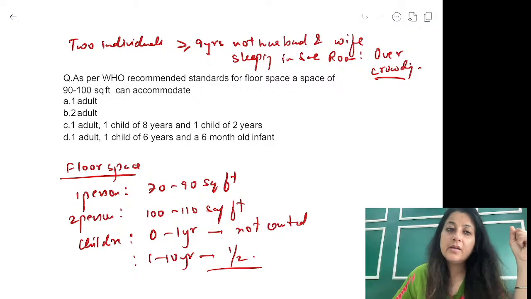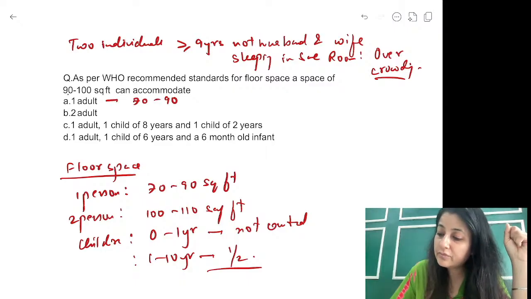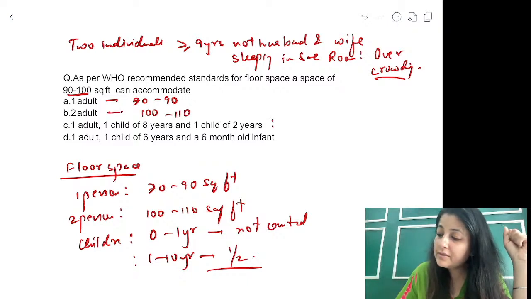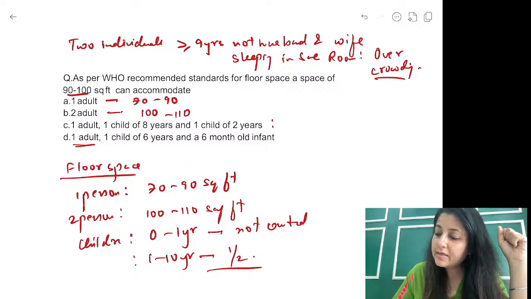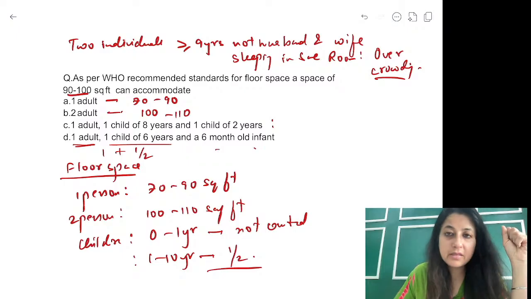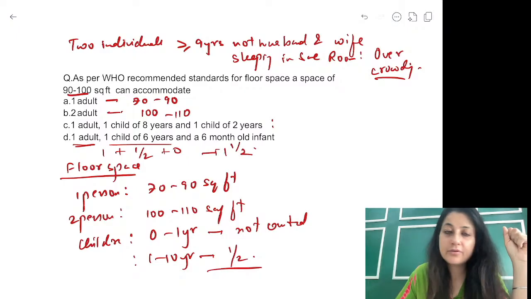So over here you have one adult. One adult needs 70 to 90. The question was 90 to 100. Two adults need 100 to 110. Now in option D, there is one adult, one child of 6 years, half, and a 6-month-old. You will not count it, 0. So you have 1.5 individuals here.